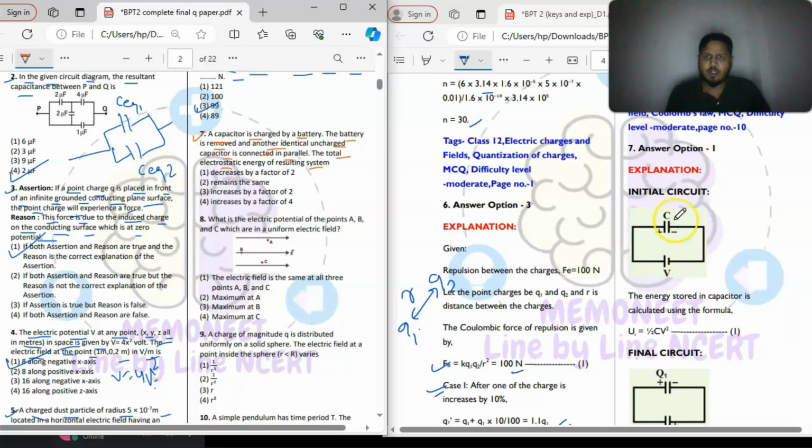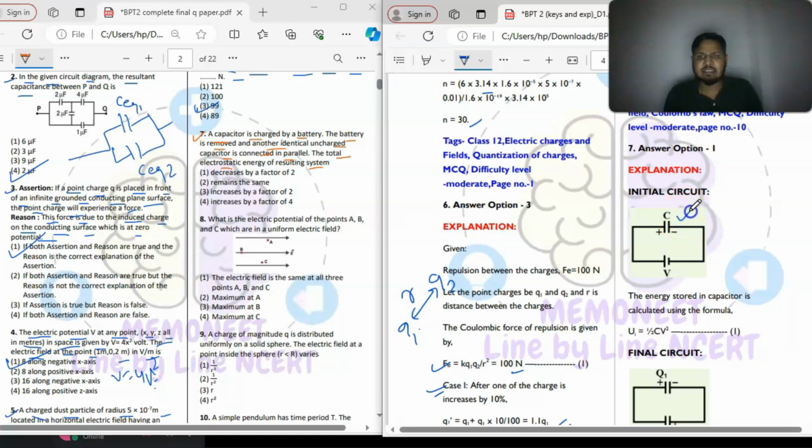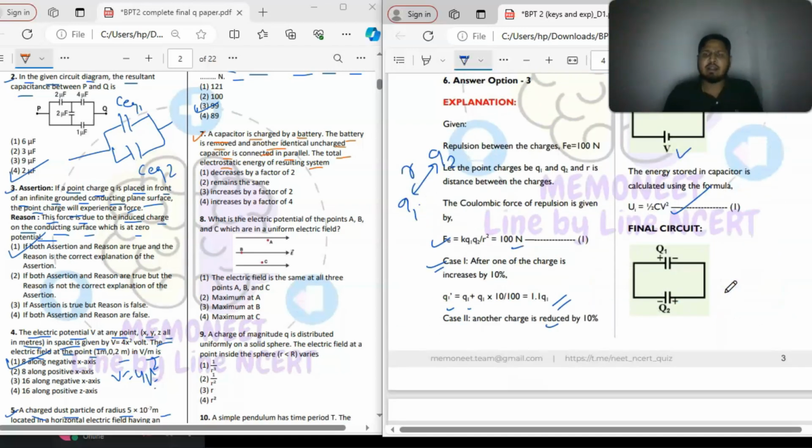What is the initial condition? We have connected a capacitor with the battery. So when a capacitor is connected with the battery, the energy stored in the capacitor will be half CV square.